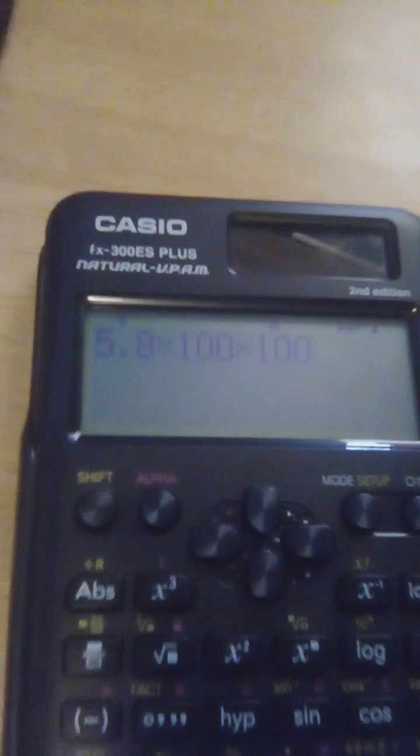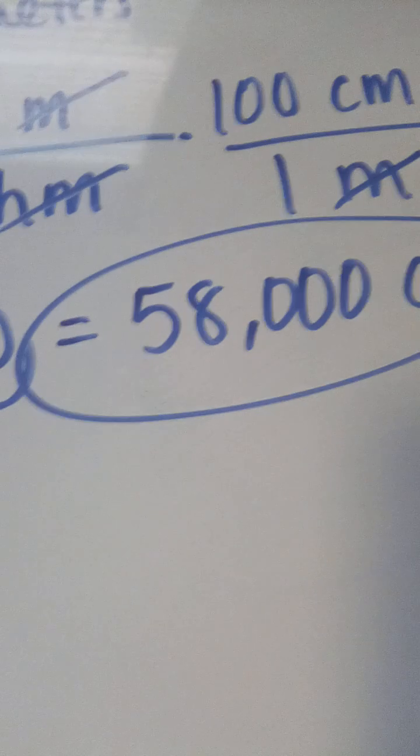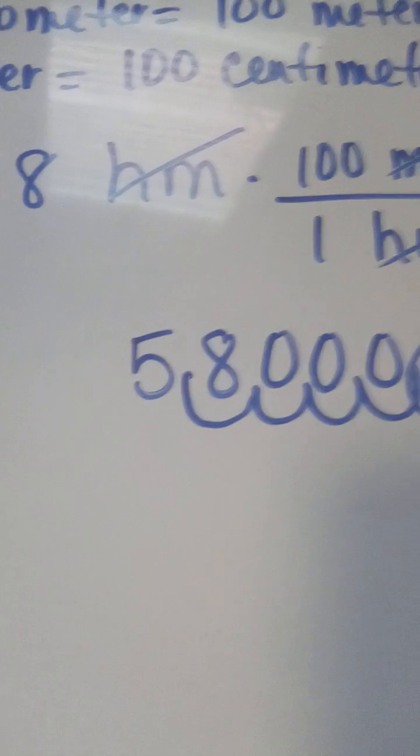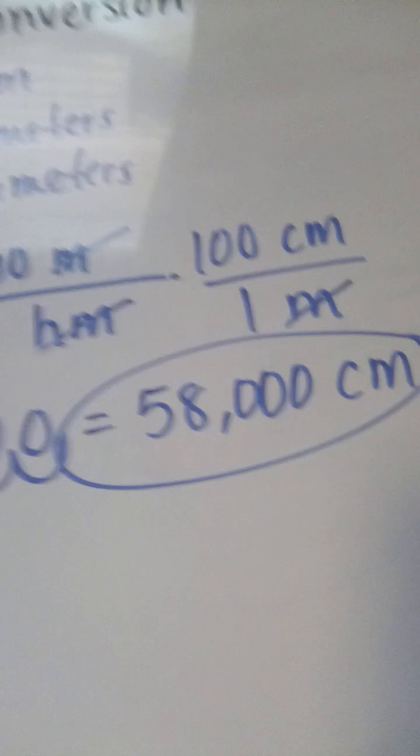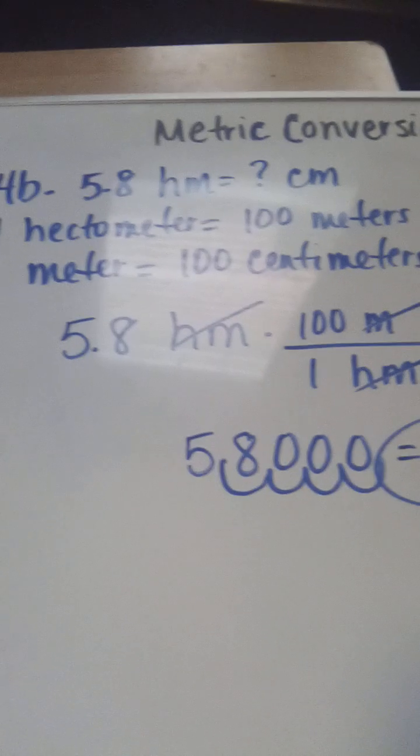To make sure, I put this over here and it matches. Either you can move the decimal by hand or multiply on the calculator. Yes, the answer is 58,000. Still the same. So, any questions on 4B?